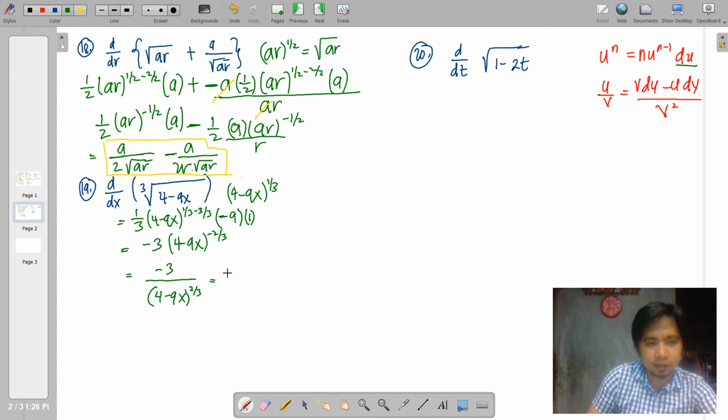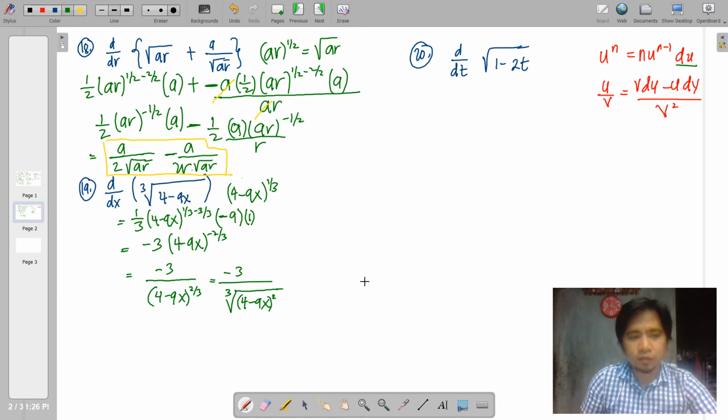Finally, this is negative 3 all over the cube root of 4 minus 9x, and we'll just square the inside term. Okay, so that's it for number 19.